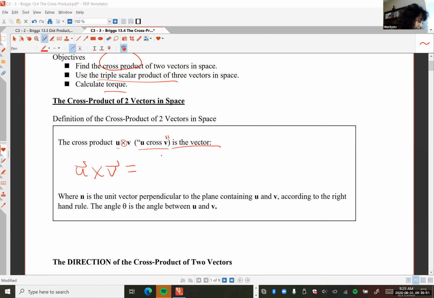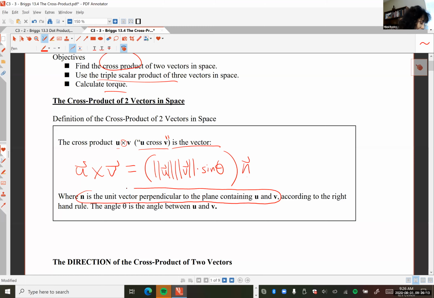It's a scalar, of course, times another vector. And the scalar is the product of the magnitudes of the 2 vectors you're taking the cross product of, multiplied by sine of the angle between them, multiplied by n, where n is a unit vector that's perpendicular to the plane containing u and v. What? According to the right-hand rule.